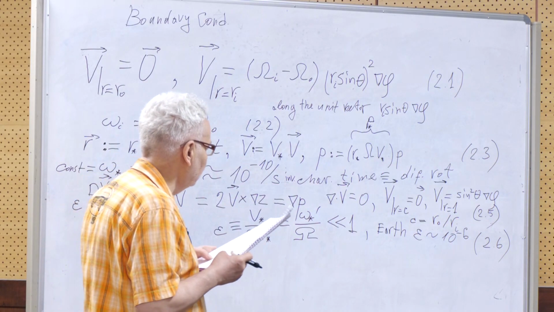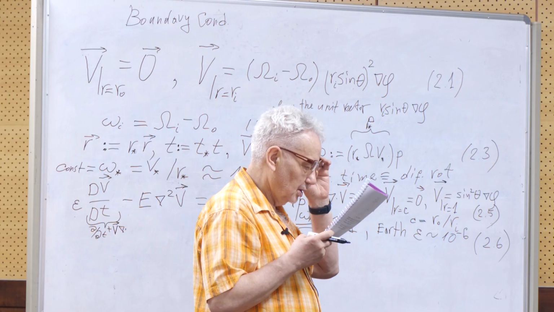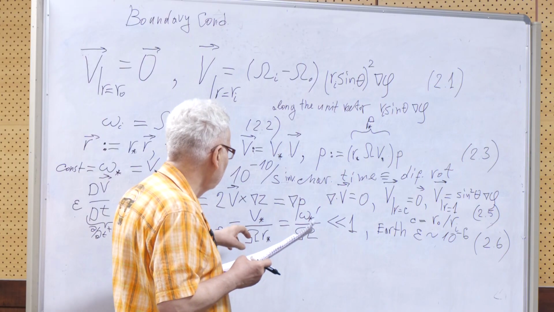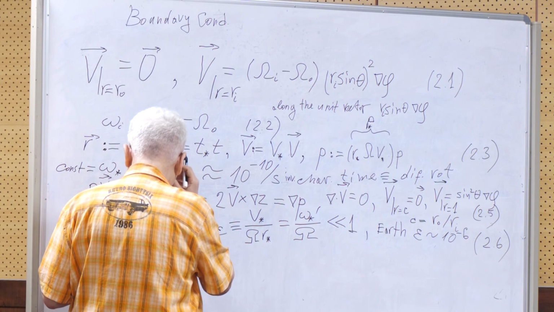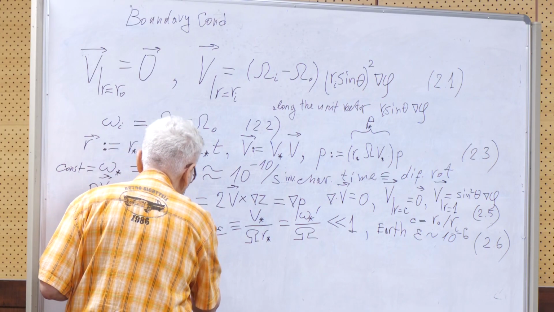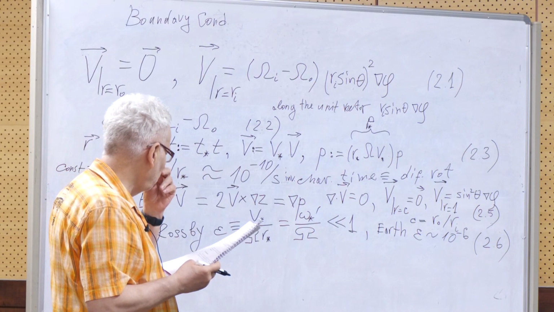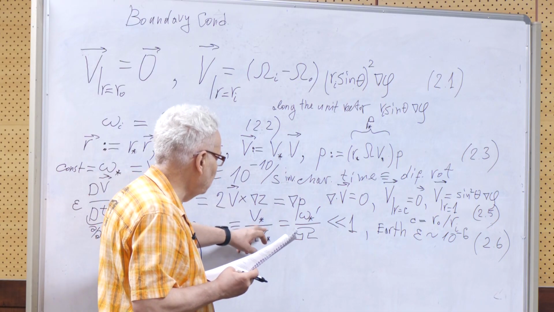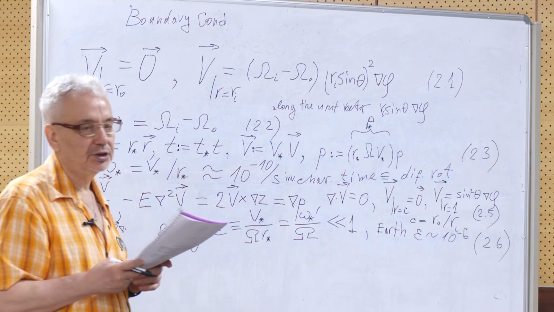The next parameter, which is quite important, is the Ekman number. And the Ekman number is determined by the, okay, sorry, I just returned to the Rossby number, let's write it here. This is a quite important parameter which relates the relative velocity to the rotation, the real rotation with which the Earth is rotating.